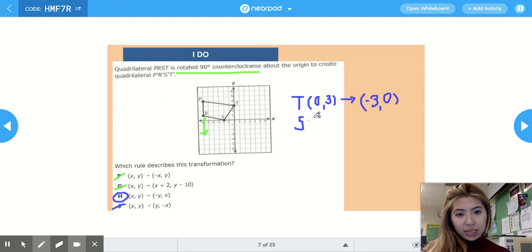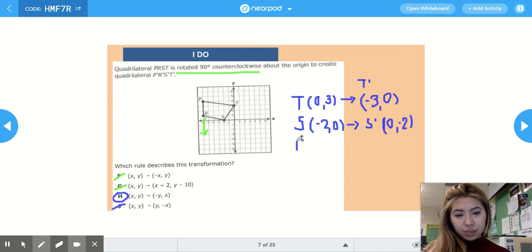Then for point S, I have (negative 2, 0). Rotated S would be (0, negative 2). We don't have a negative 0, so that's why I didn't flip the sign of the 0.